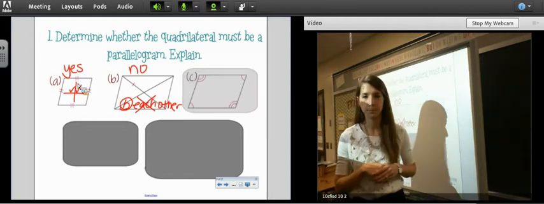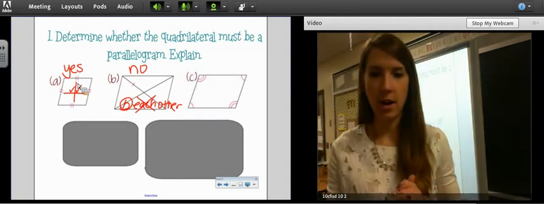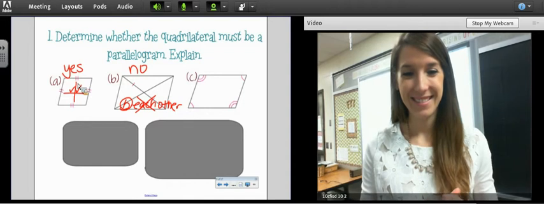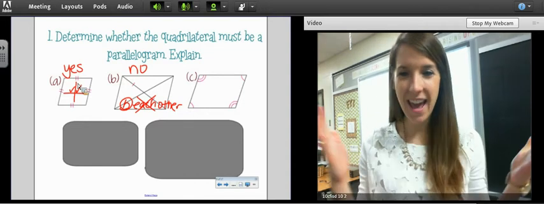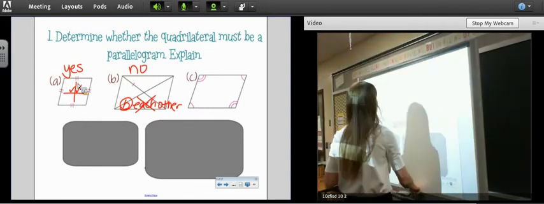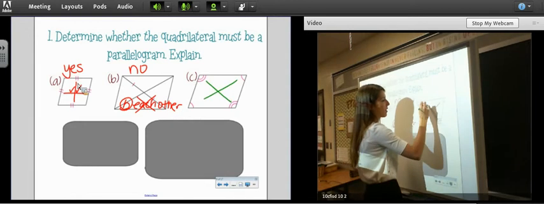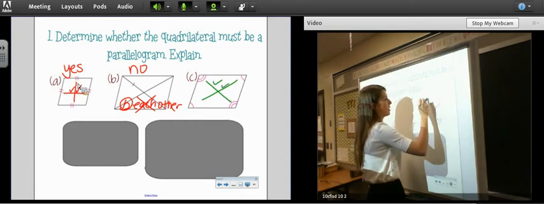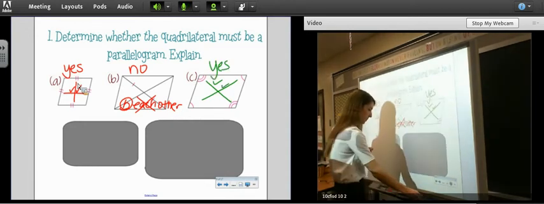Next one. Is that a parallelogram? Yes, because the opposite angles, both pairs of opposite angles, check, check, are congruent. So that one's a yes.